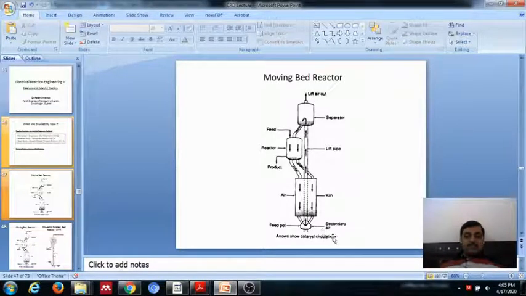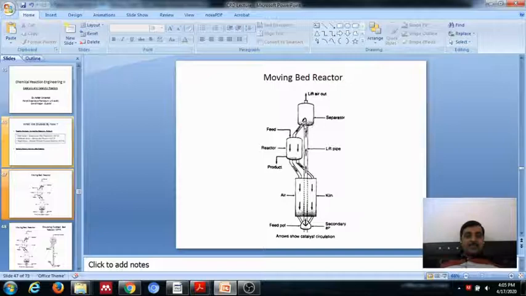So you have a secondary air which is coming through the bottom, which lifts up this complete catalyst to the separator. Density difference causes it to separate. Catalyst will get settled in the separator at the bottom and the lifting air will go out.